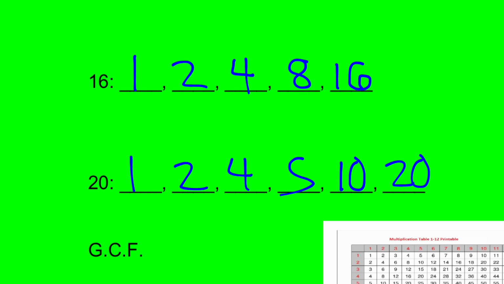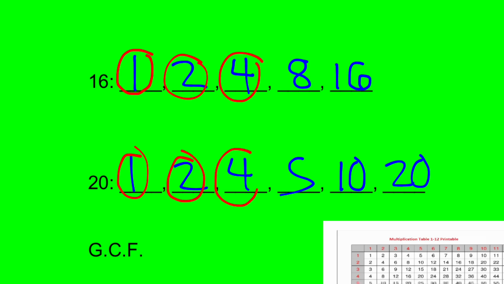And there's all the numbers that multiply to 20. Let's circle the ones they have in common. Well, numbers are always going to have 1 as a common factor, 2 is a common factor, and 4 is a common factor. And so the G.C.F., or the greatest common factor that they both have in common, is 4. So the main thing is to be able to do your multiplications in order to get the factors.